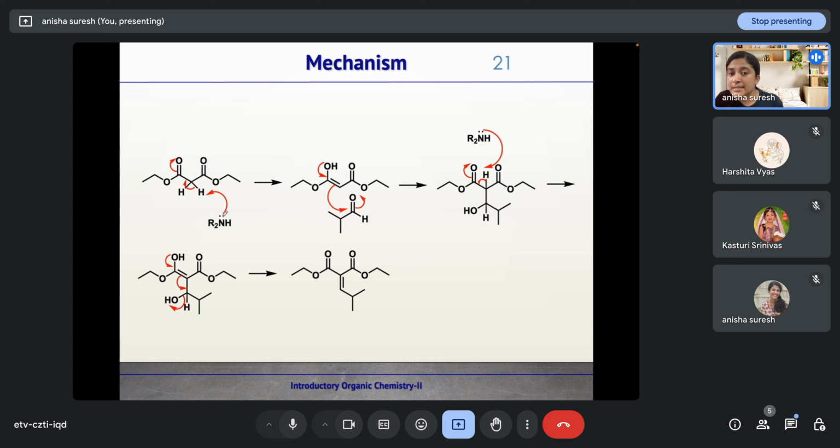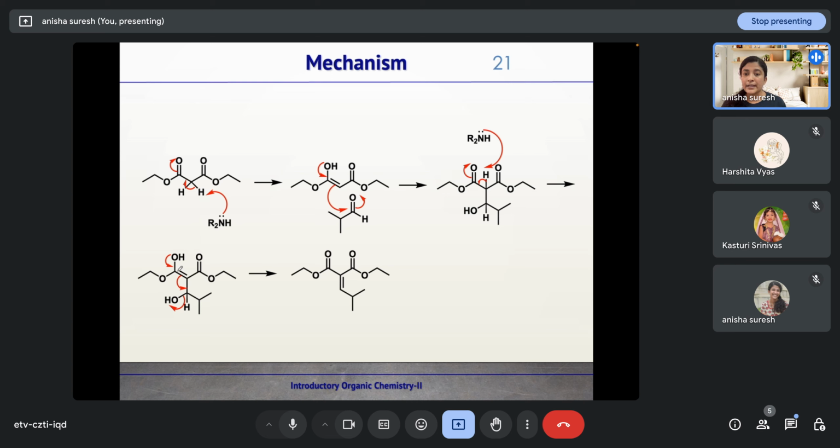So that base, that is this amine, will be abstracting the active methylene proton. It will lead to formation of this enol or enolate. Then once it is falling back, it will go and attack on this electrophilic carbonyl of the electrophilic coupling partner, leading to formation of this intermediate. So again, one more proton is present there. So the base can abstract that proton, leading to formation of the enolate.